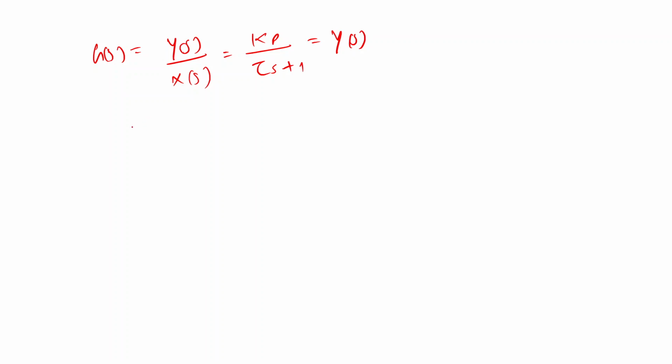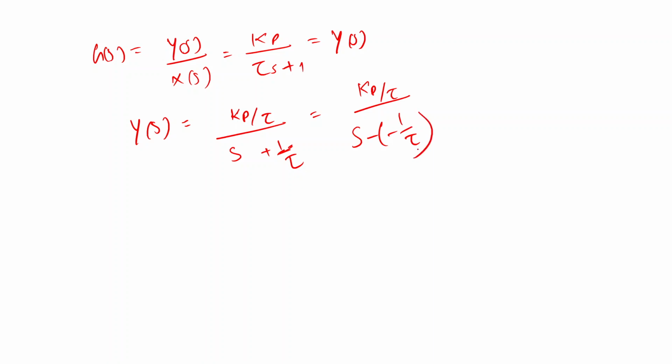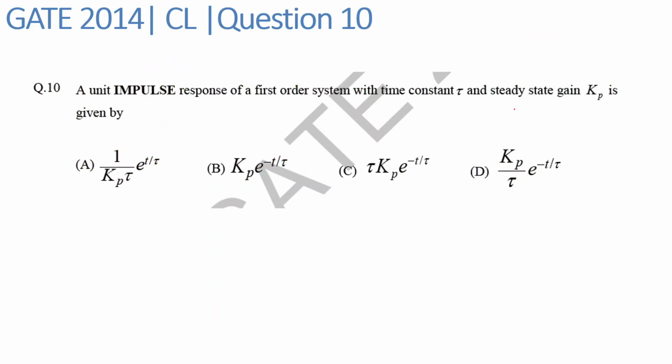So we can now write Y of s is equal to Kp upon tau into 1 upon s plus 1 upon tau, or in other words, you can also write it as Kp upon tau into 1 upon s minus of minus 1 upon tau.